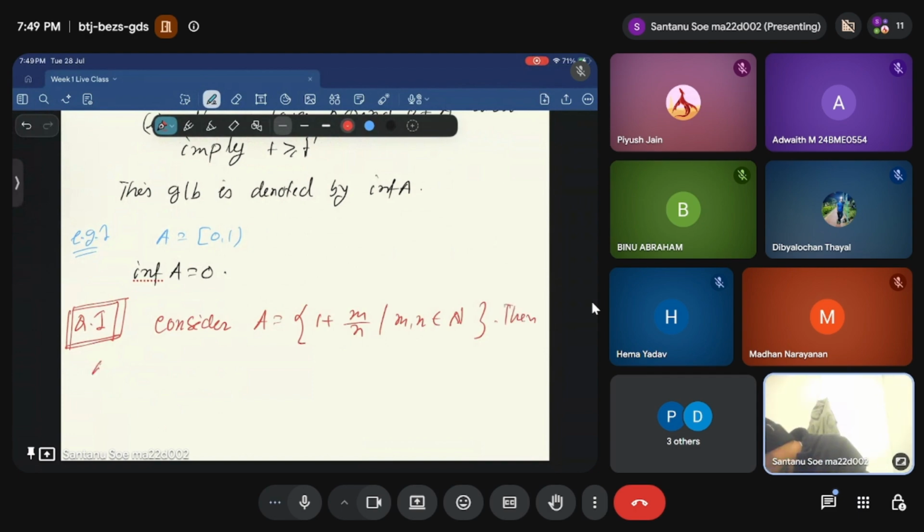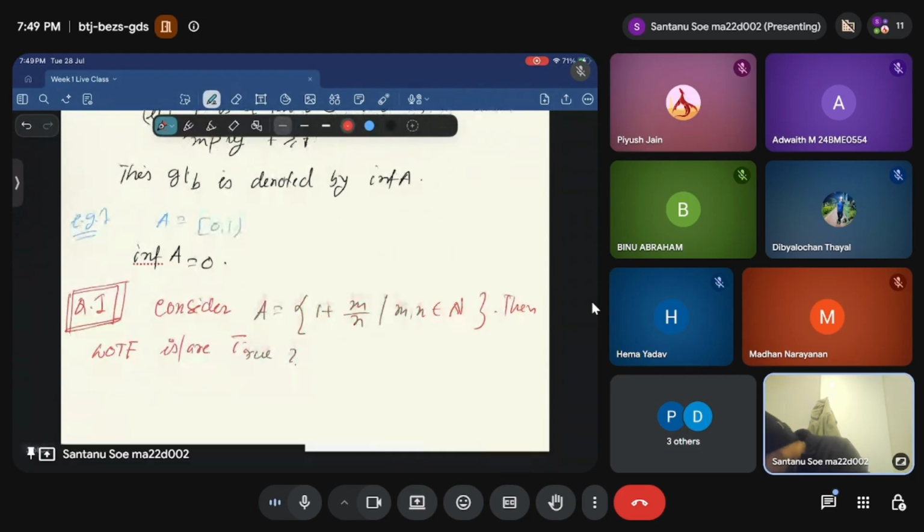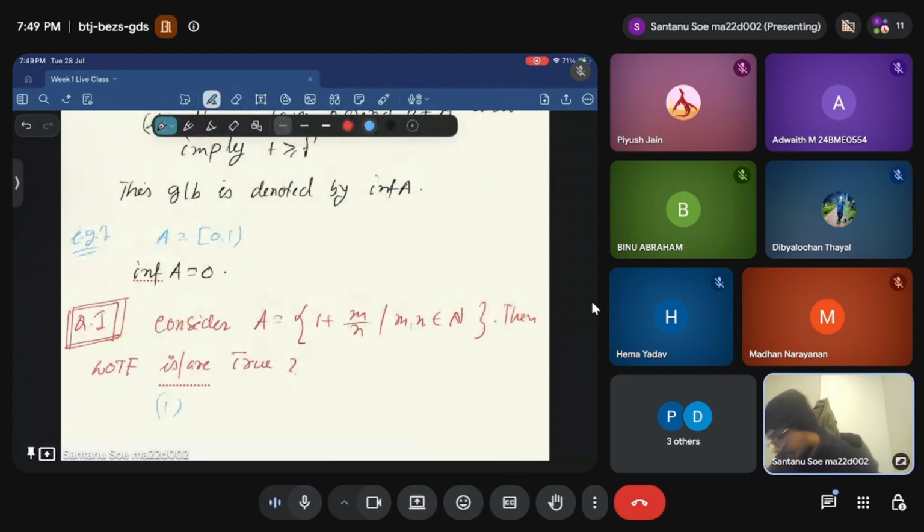Then which of the following is or are true? The first option is A is bounded below but not bounded above. Here I am writing the short form of bounded as BDD.